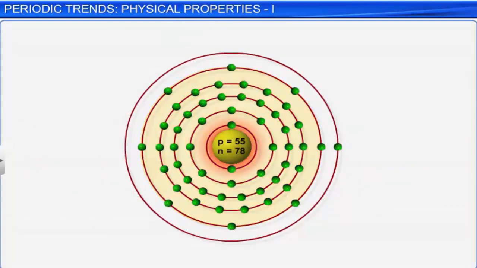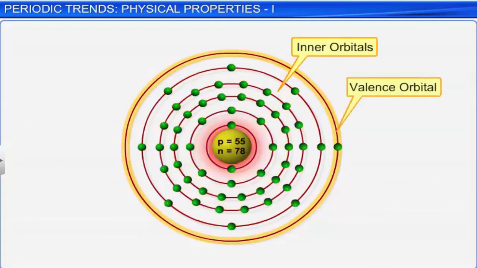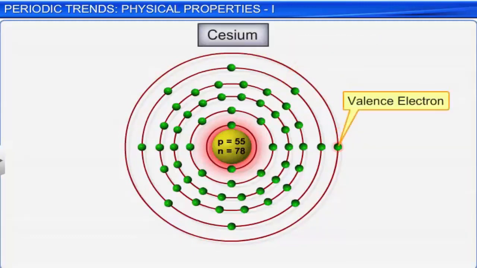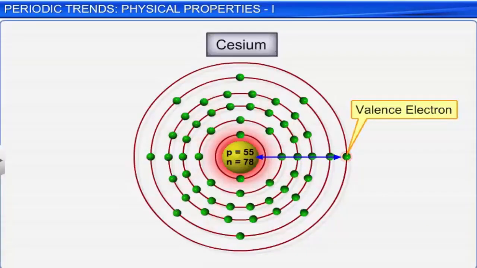For example, the valence electron in cesium is shielded from the nucleus by the inner electrons. As a result, the valence electron experiences a net positive charge that is less than the actual charge.